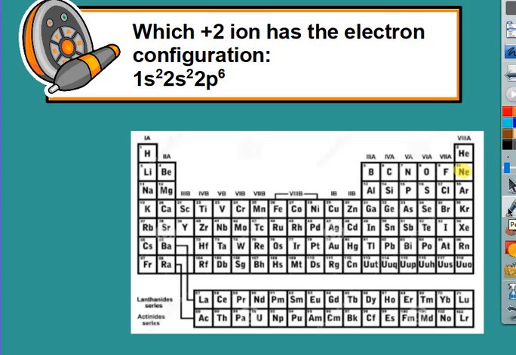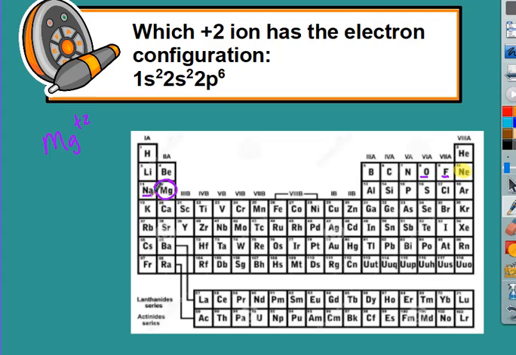So then I would say, well, who's a +2 ion that would have the same configuration as neon? Well, magnesium, if it loses 2 electrons, it would have the same configuration as neon, so it must be Mg+2. If it said a -2 ion, then it'd be oxygen. -1, fluorine. +1, sodium. If it was a neutral atom, then it would have been neon.